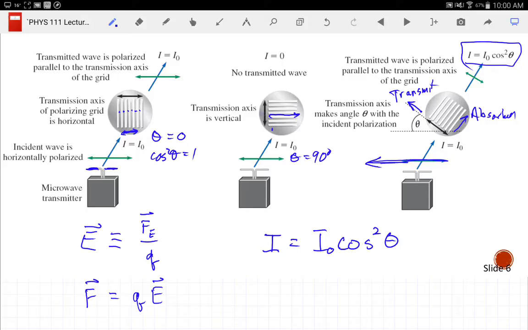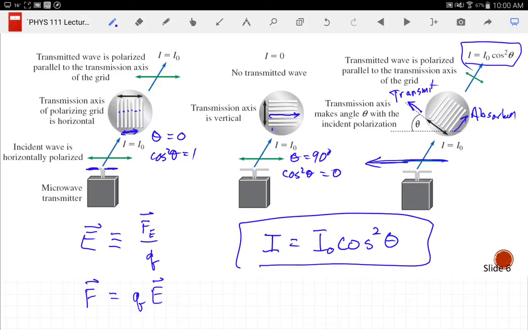The electric field is horizontal, so cosine squared of theta is equal to 0 in this case. So when I was rotating the polarizers, the intensity coming through, if they were perfect polarizers, would follow this equation, the law of Malus. That's how we spell Malus. It's a dude's name. It's not talking about his personality flaws.